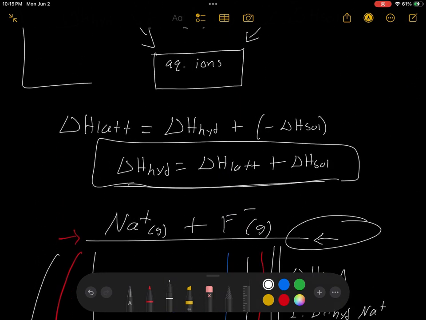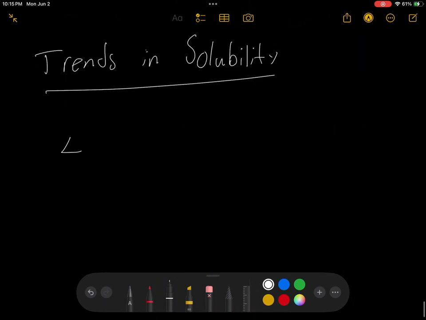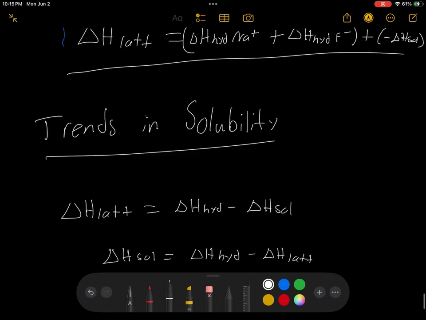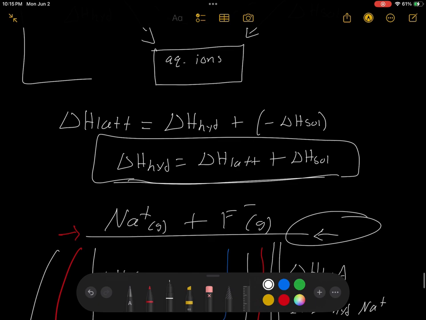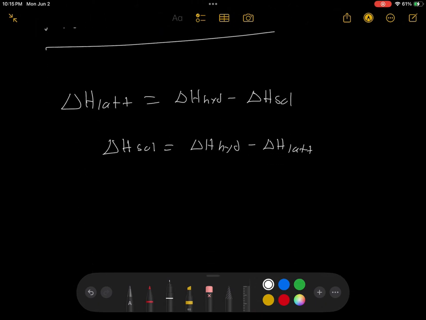Lattice energy equals hydration minus solution, or let me just write that back out over here. Lattice equal to hydration minus solution. I'm going to solve for solution to get this. Right? That was derived from these equations right here.